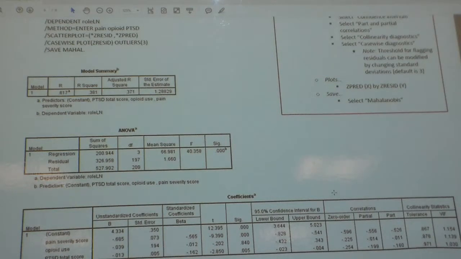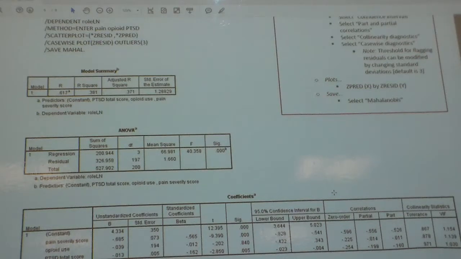And so here, we're seeing that my expected value of role functioning, when pain severity is at 0, when opiate use is at 0, what does this mean if opiate use is at 0? No one's using, right?